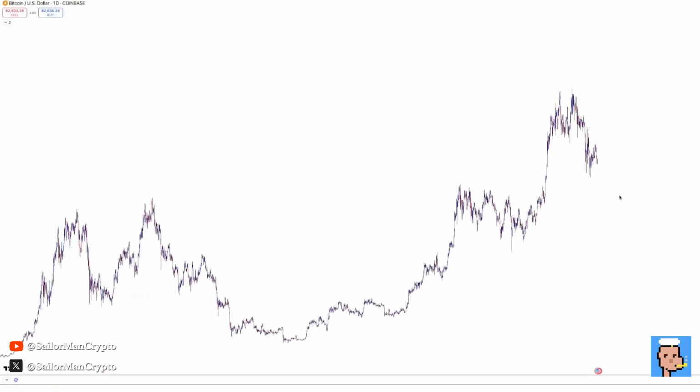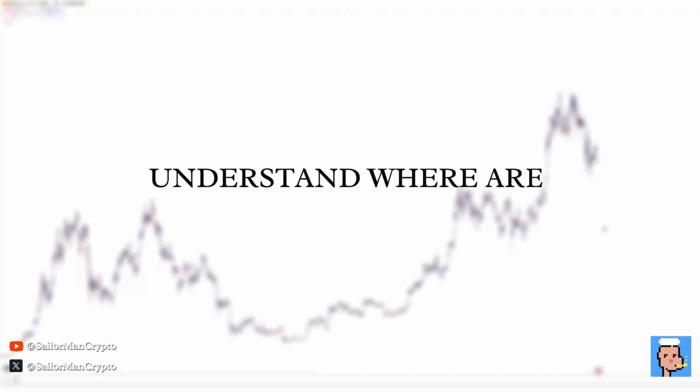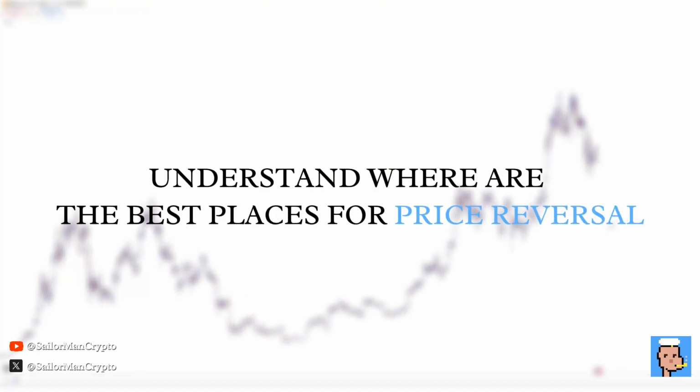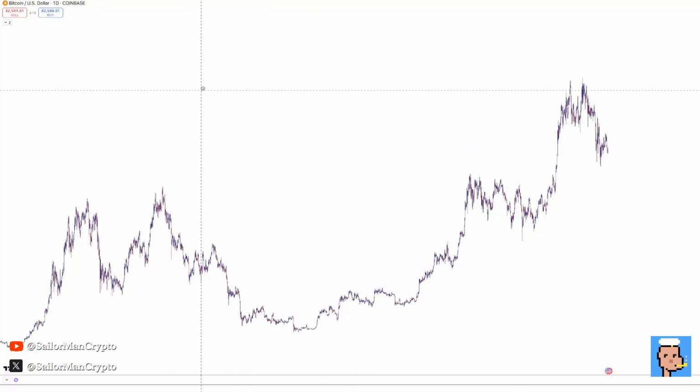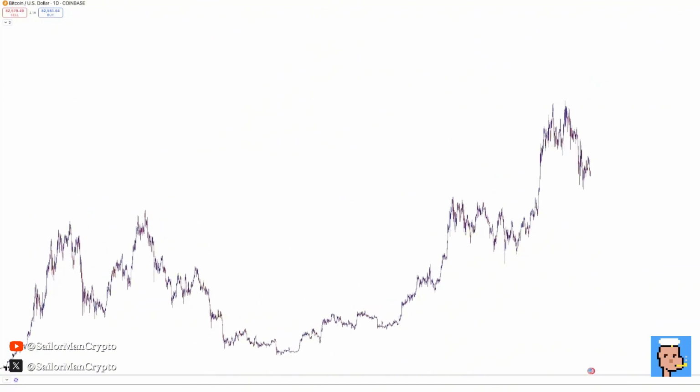But without further ado, let's start with the trend reversal trading strategy. So first of all, we would like to understand where are the best places to look for a trend reversal. So basically, trend reversal is to try to catch that nice spot when the downtrend or the uptrend is reversing to the other direction.